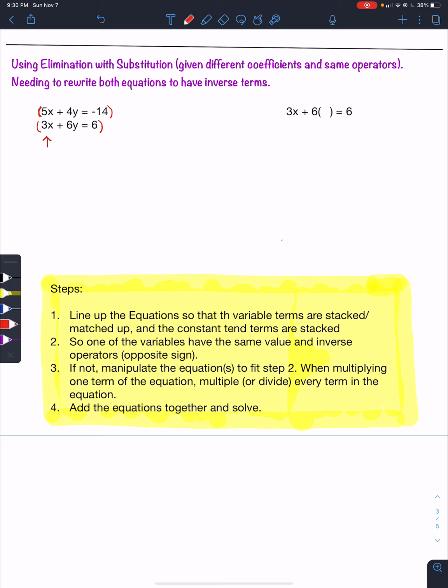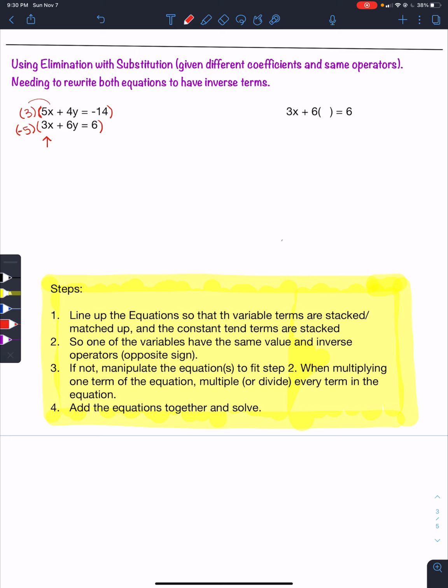However, one of them is going to need to be negative so that they can have opposite operators. Now, if you were to go back and look at the first equation that we did, where we solved for y, we've already done this. Okay, so this first one, I'm going to go ahead and multiply by 3. This second equation, I'm going to multiply by 5, but it's going to be a negative 5.